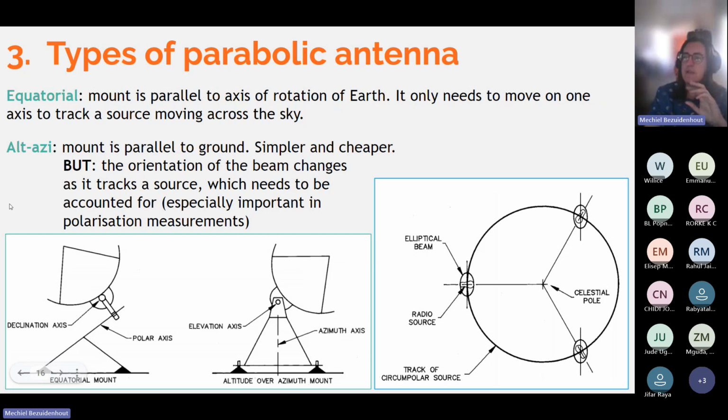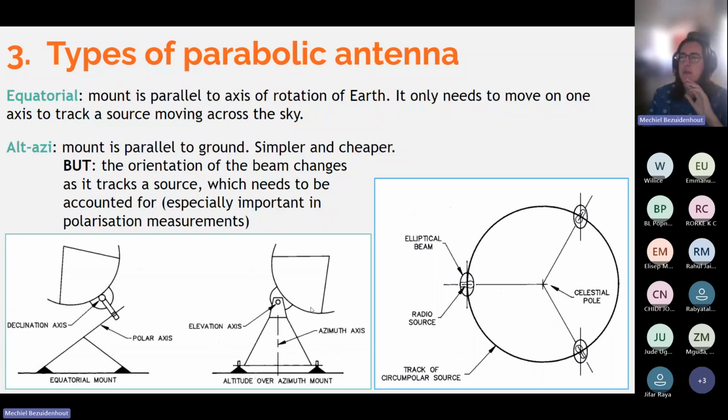The alternative is the altitude over azimuth mount, where the mount is flat on the ground. But as you're tracking a source, you have to change the elevation and the azimuth as you go. Whereas with equatorial, you just change the right ascension essentially.